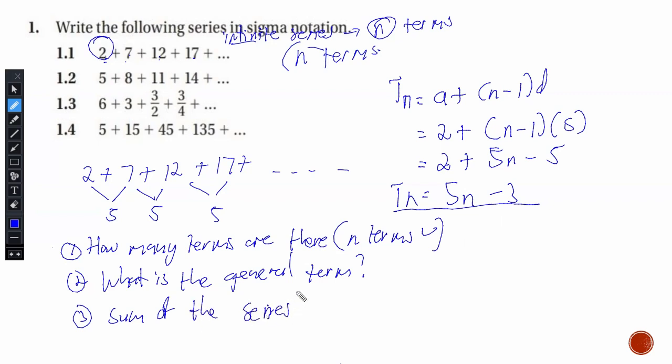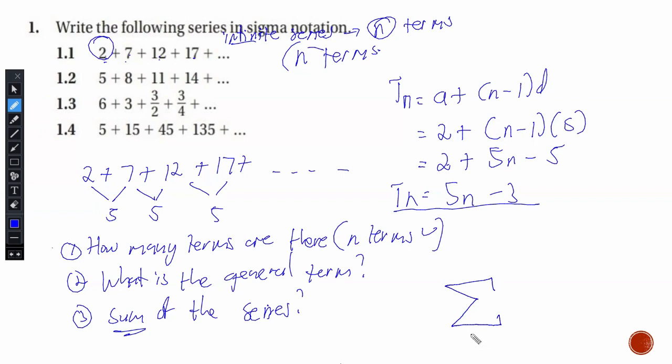Because we do not know the number of terms, it is impossible for us to know the sum of the series. So that means our sigma notation will just be represented in this format. You can't know the sum of the series if you don't know how many terms must be added.